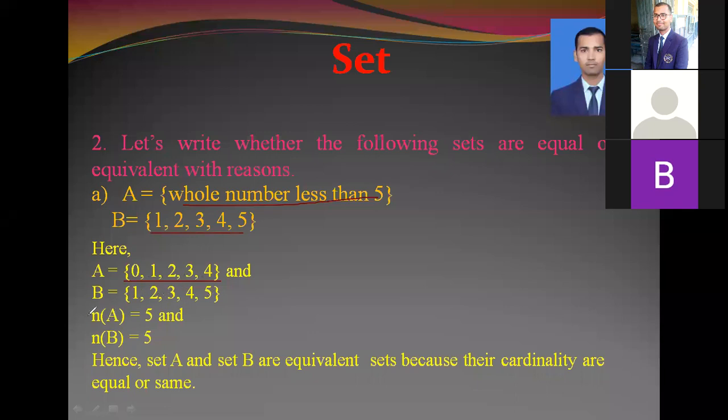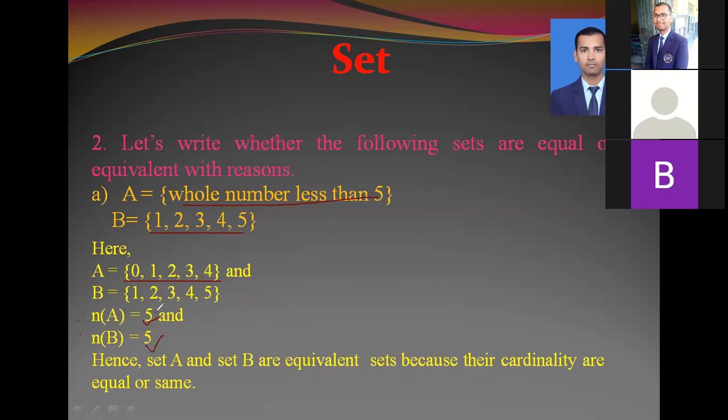Therefore, the number of elements of set A is equal to 5. In the same way, the number of elements of set B is also 5.